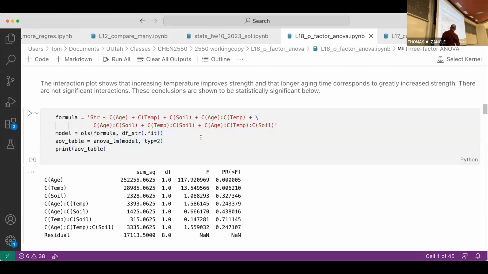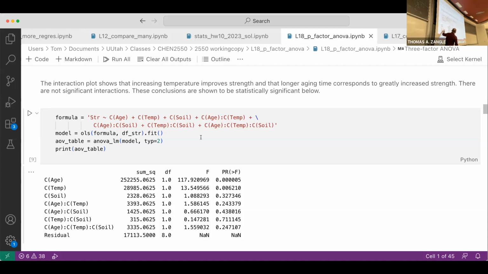Okay, so from this table, at a significance level of 0.05, are there interactions? So what interactions do you see? Well, we have an age and temp effect.